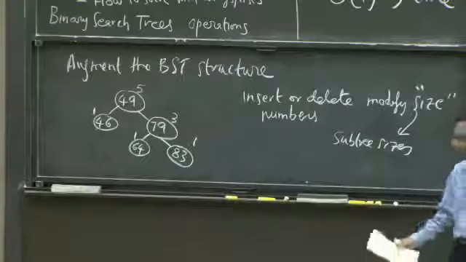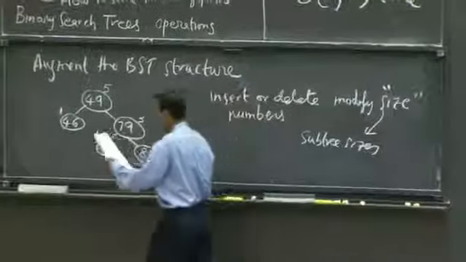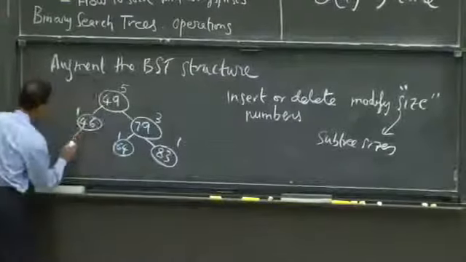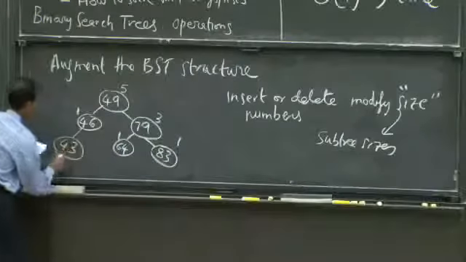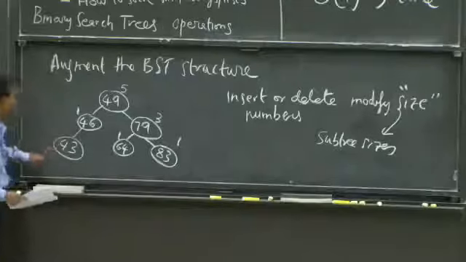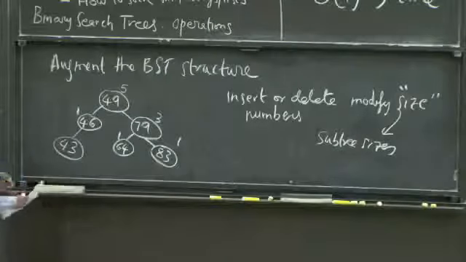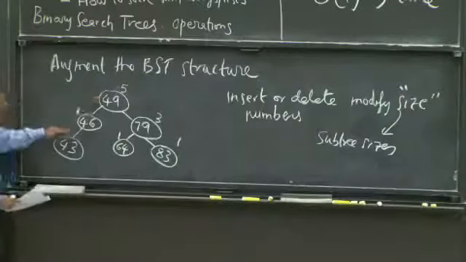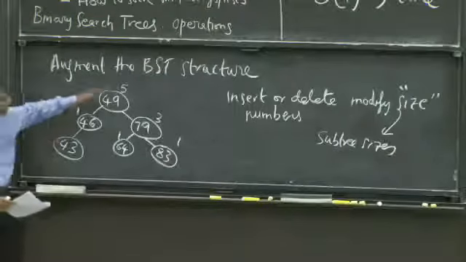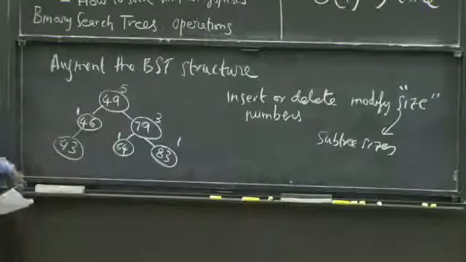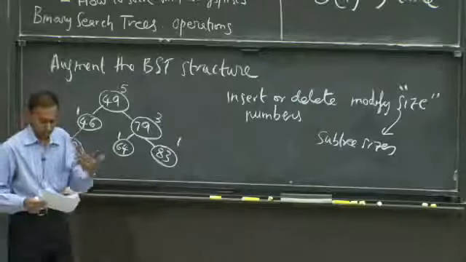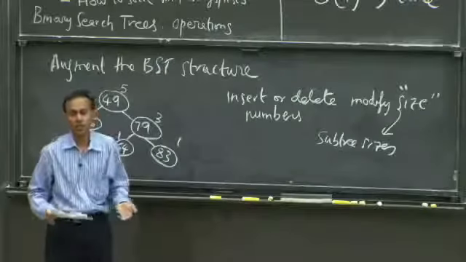All right, so what would happen if you wanted to insert 43? You would insert 43 at this point, and you follow the insertion path just like you did before. But when you're following that path, you're going to increment the nodes that you're seeing by 1.